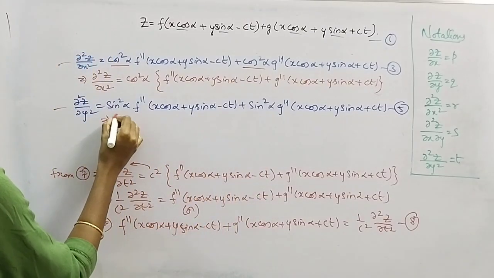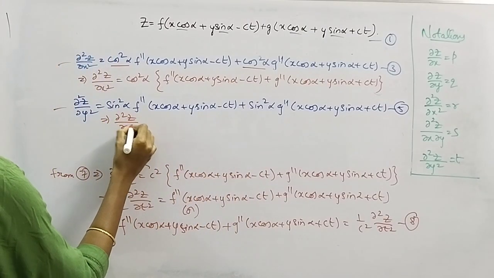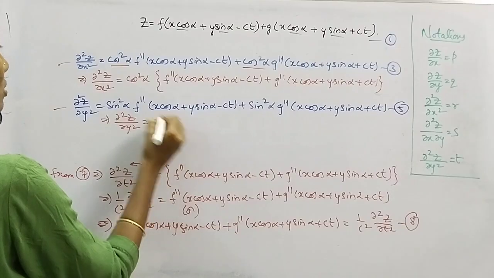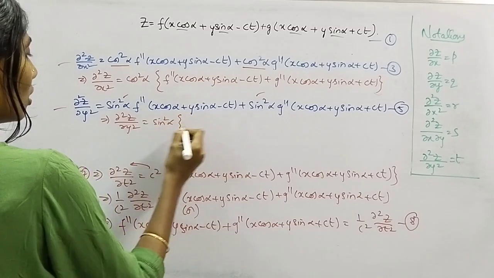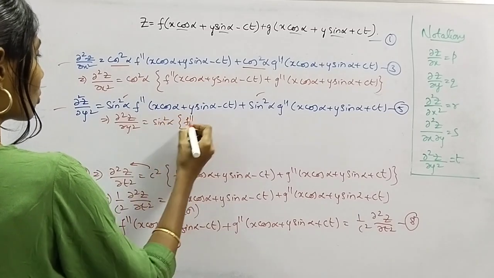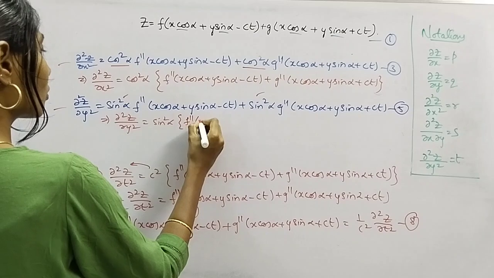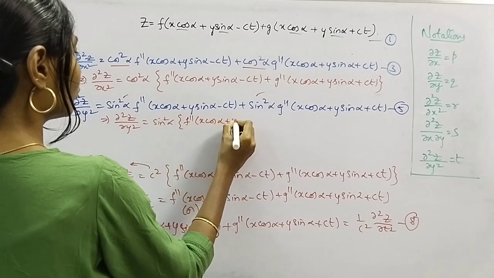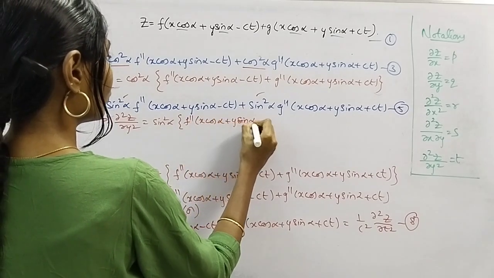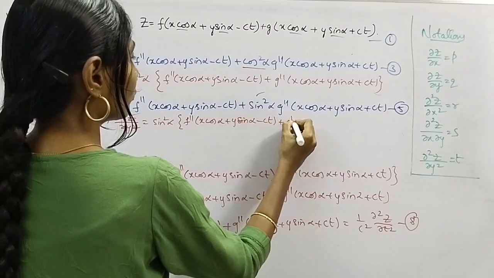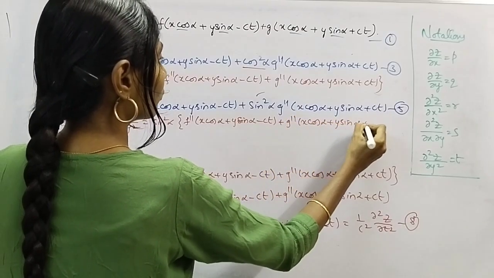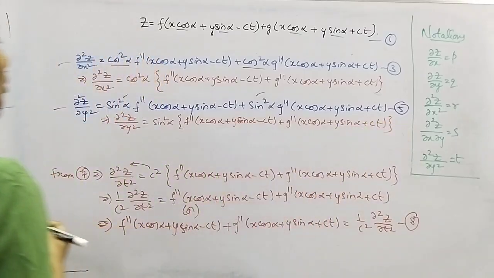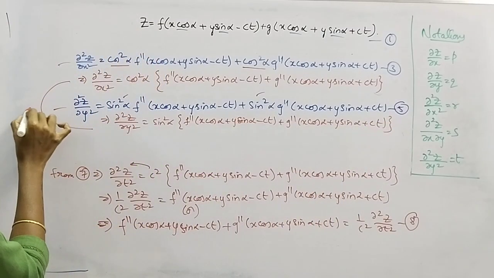And you can write this equation as dou square z by dou y square equal to sin square alpha, since sin square alpha is constant and exists in both the terms, so you'll get sin square alpha common, sin square alpha of f double dash plus g double dash. Right? Now what we'll do is we'll just add these two.